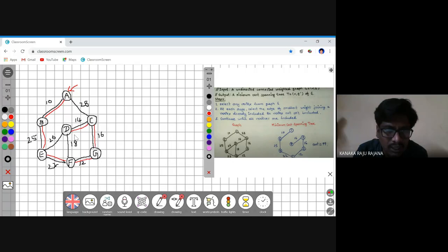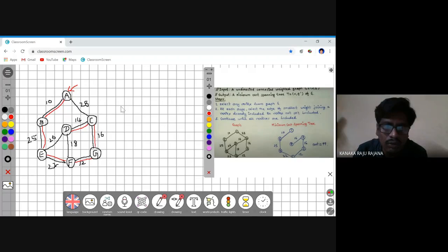Therefore, if I permit the path from D to F, it will be a cycle among these 3 or 4 respective nodes. If I give permission from D to E, I can have a cycle among these 5 basic nodes.